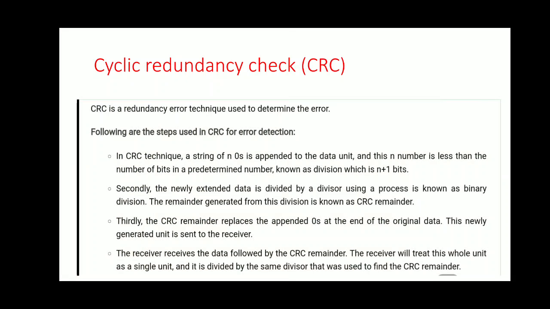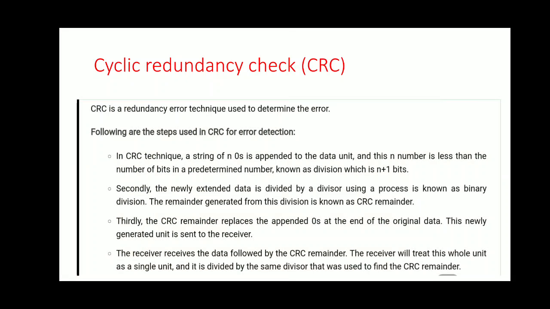Secondly, the newly extended data is divided by the divisor using a process known as binary division. The remainder generated from this division is known as the cyclic redundancy check remainder. Thirdly, the cyclic redundancy check remainder replaces the appended zeros at the end of the original data. This newly generated unit is sent to the receiver.